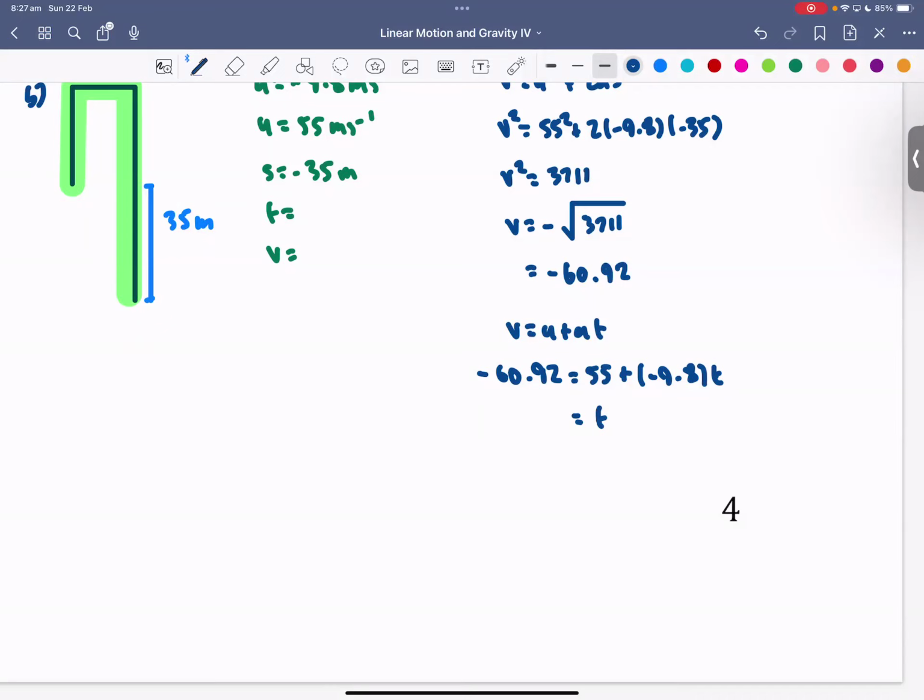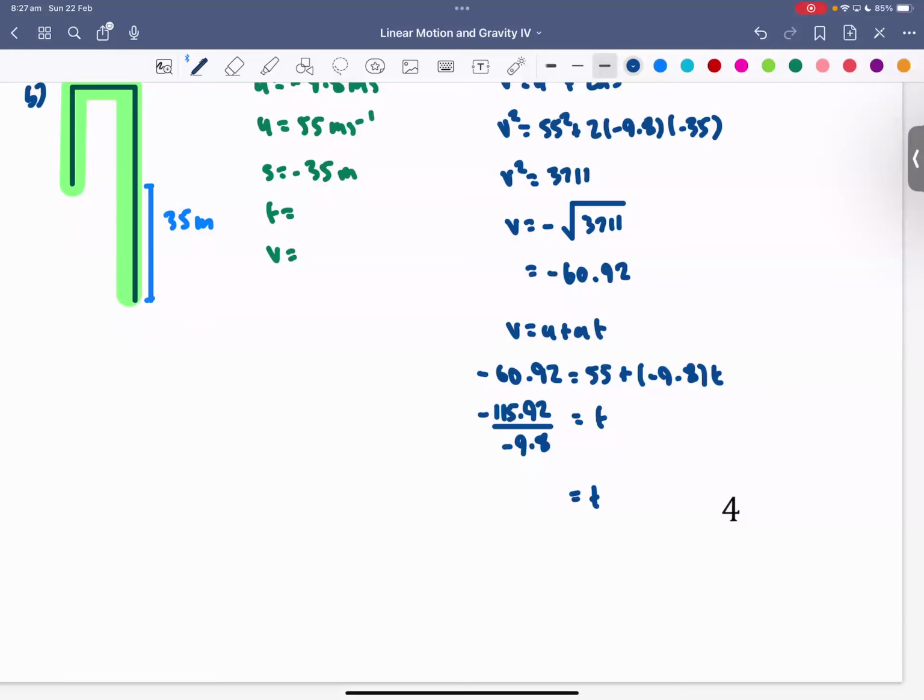What's the time for the whole thing? It's whatever minus 115.92 divided by minus 9.8 is. How much is that? 11-ish? Is it 11-ish or 12?